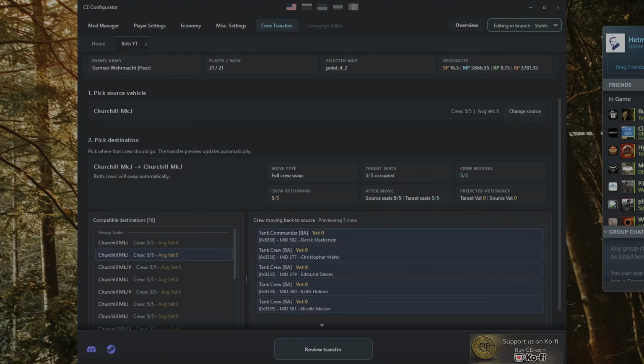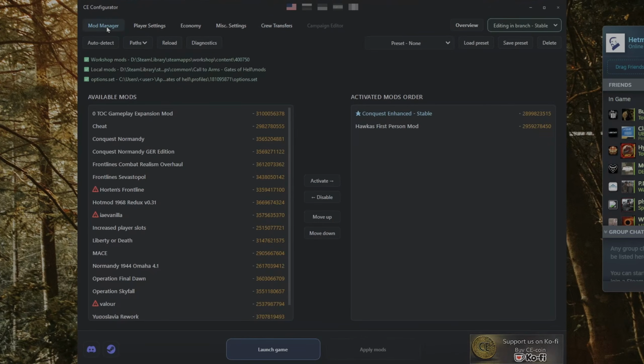And after we were finished with all of the changes, we simply gonna go to Mod Manager over here, and we can now launch the game. And the game will launch with all the mods ordered, with all the economy settings. Everything we change will be applied.